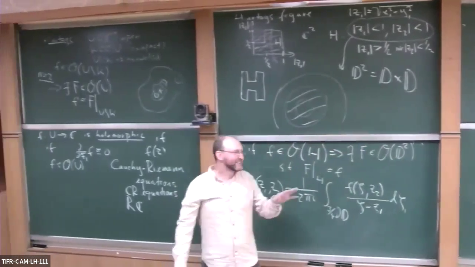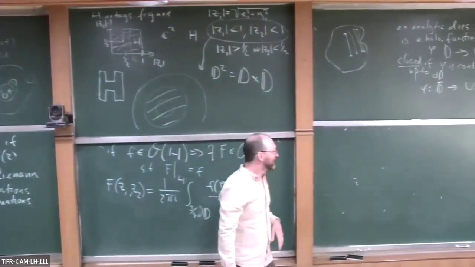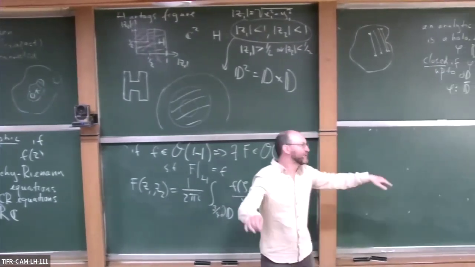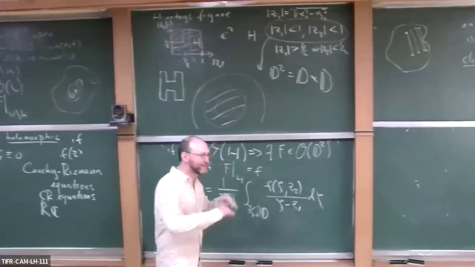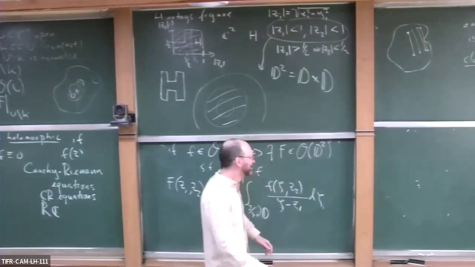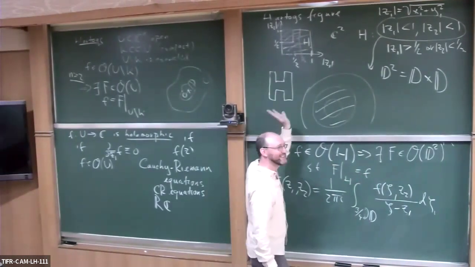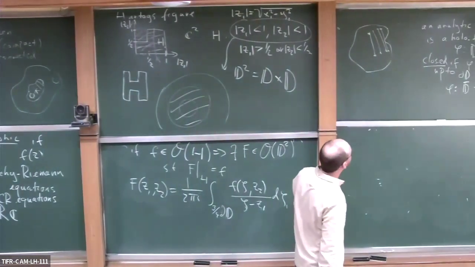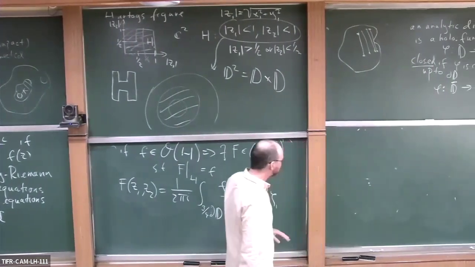You use whatever regularity up to the boundary that you need, but for this we need continuous. Sometimes people don't care about regularity of the boundary at all, and sometimes people want more regularity. Anyway, they can actually extend across the boundary. So just continuous is going to be sufficient for the definition.